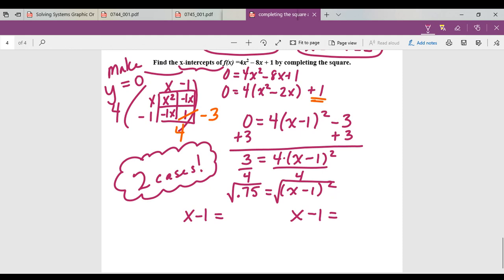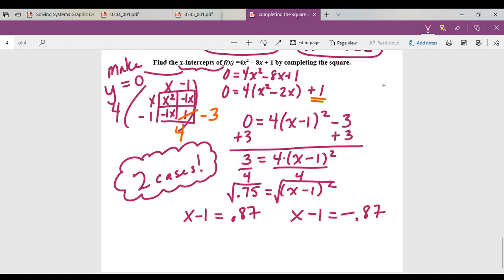And if we can get into that habit now, like absolute value works in a very similar way later in the week. What's inside here, this x minus 1, that does not change signs. It's literally just the answer. So when you do the square root of 0.75, this is what gets the positive or negative. So 0.87 and negative 0.87, just like the quadratic formula, plus or minus the square root.